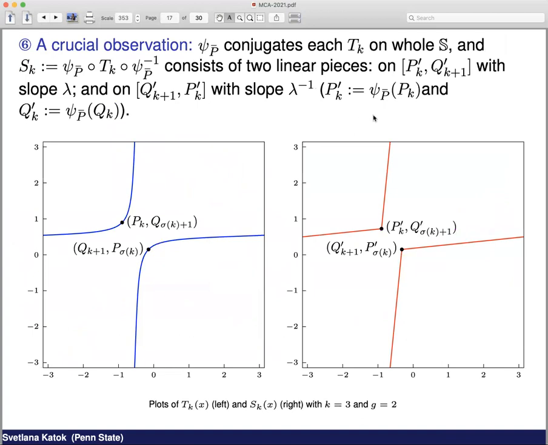Okay, so now the crucial observation is actually quite interesting. If you take this CP, this conjugation, and look at what it does to each of these TK on the whole circle, the image is this strange-looking fractional linear transformation, okay?